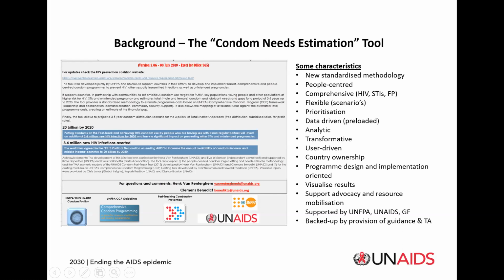And as you can see here, the tool is available together with guidance on the site of the HIV Prevention Coalition. It can just be downloaded there. Next slide, please.